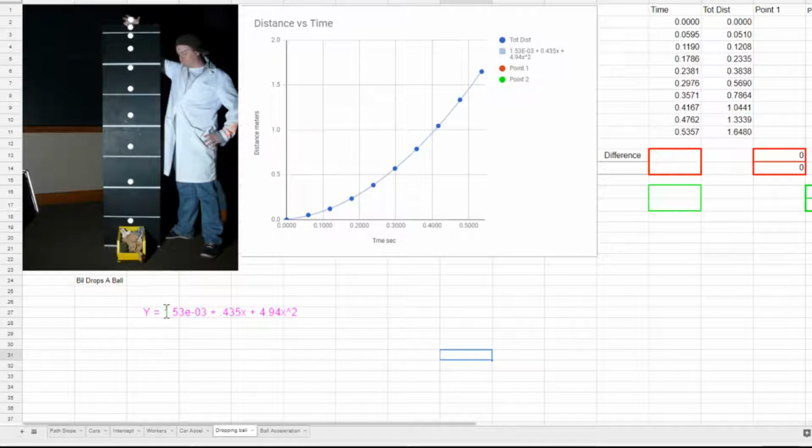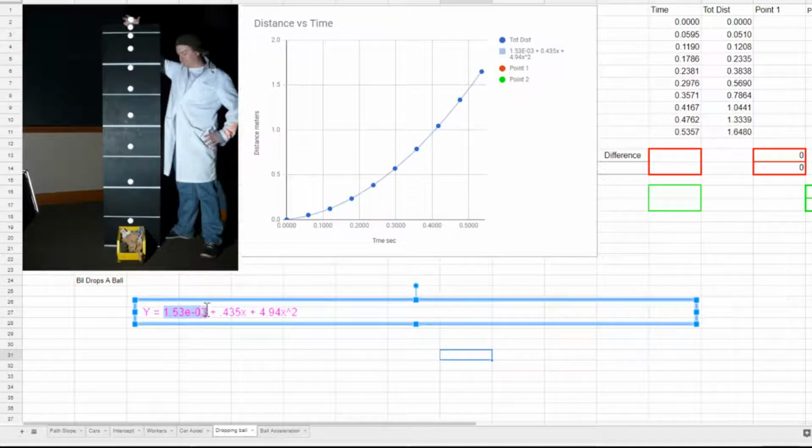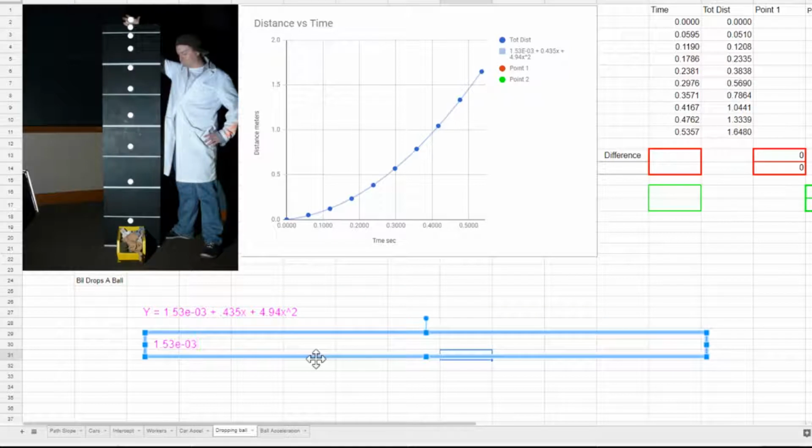Just one comment about this number here. 1.53 e to the minus 03 is scientific notation, where the first part is expressing the significant part of the number, and the second part, that is the e to the minus 03, is expressing really where the decimal point is.